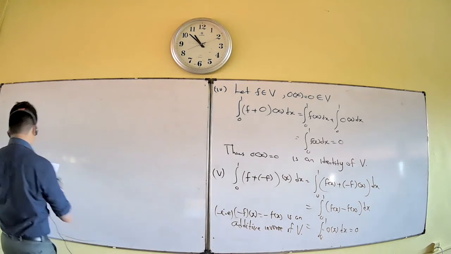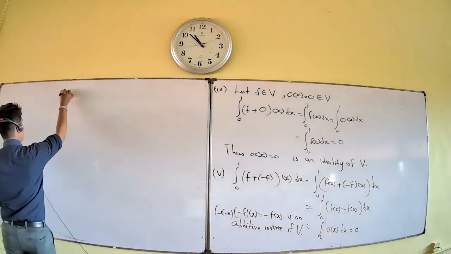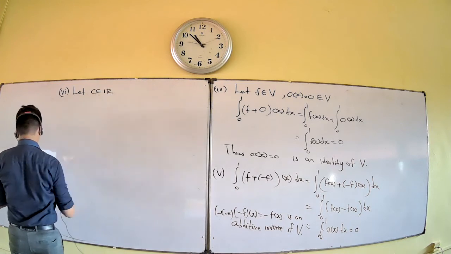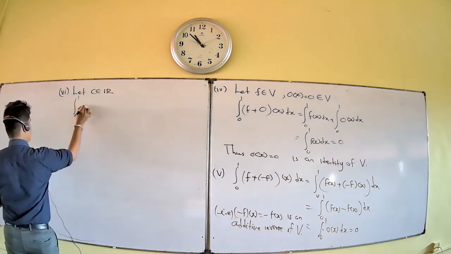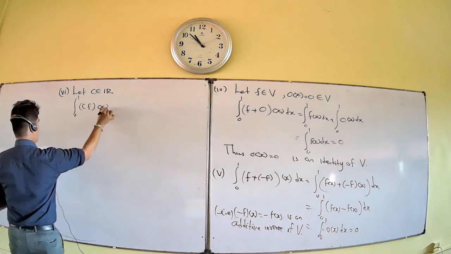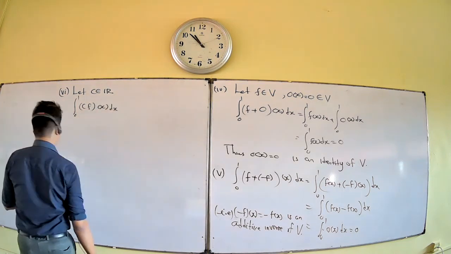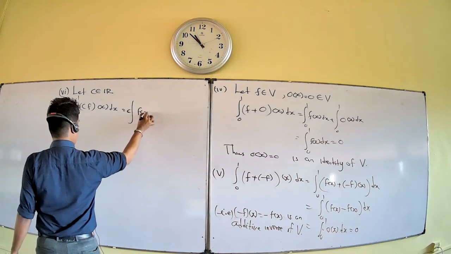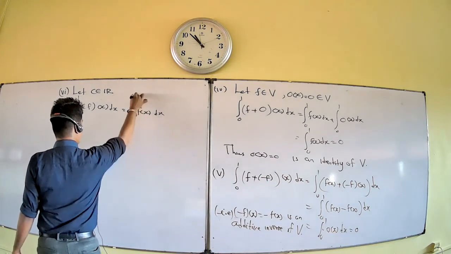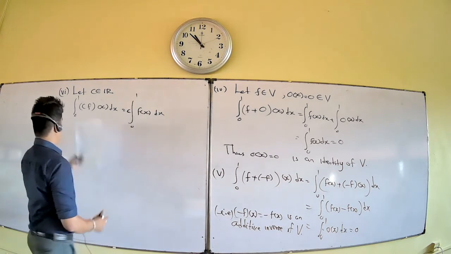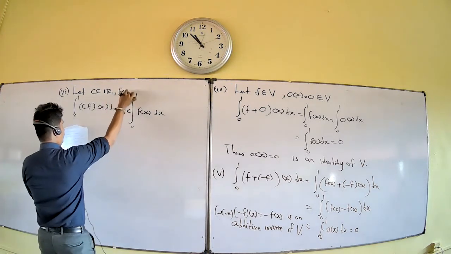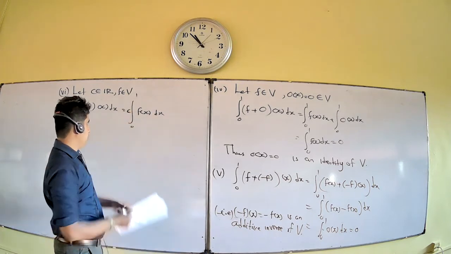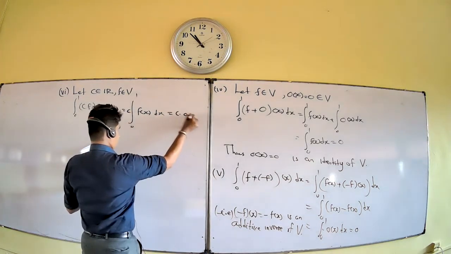So let c belong to real numbers. Take this one, the integral of c f(x) dx. So this one we will write c times the integral of f(x) dx from 0 to 1. So here f belongs to B. So f belongs to B means the integral from 0 to 1 of f(x) dx is 0. So c times 0 is 0.